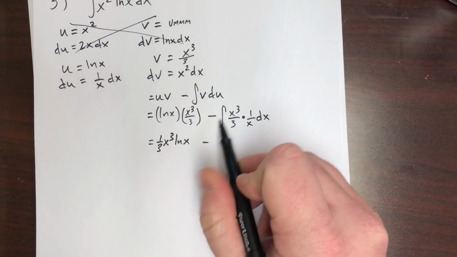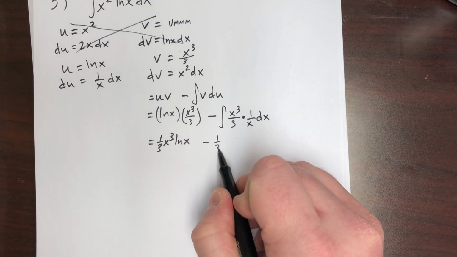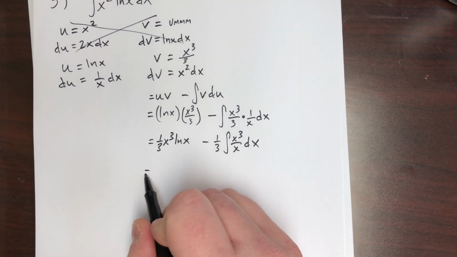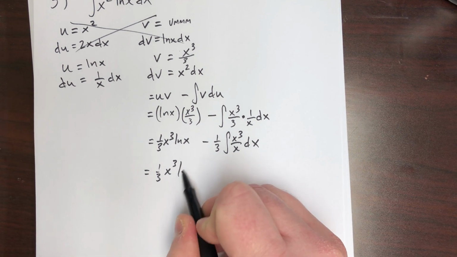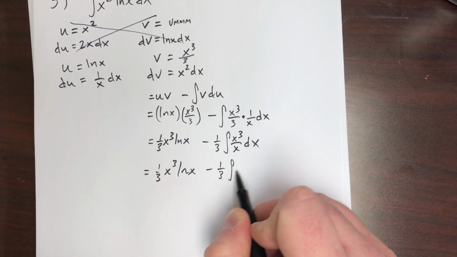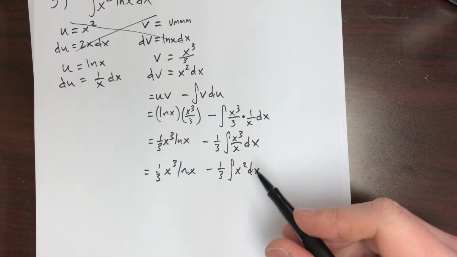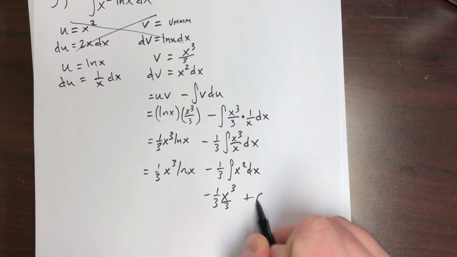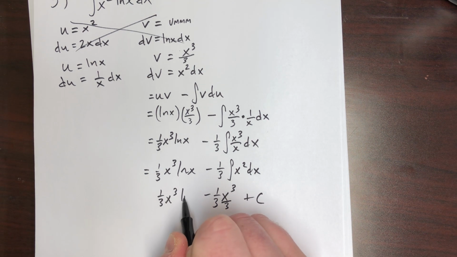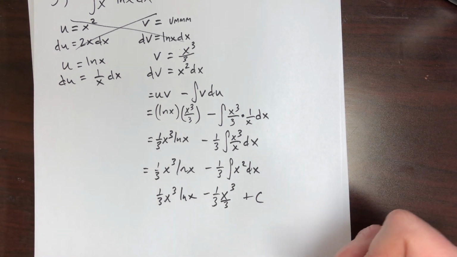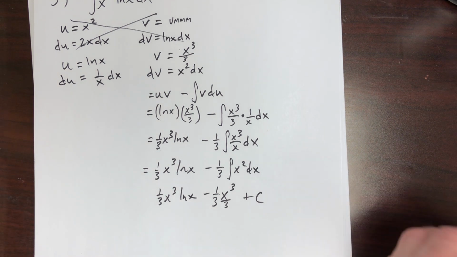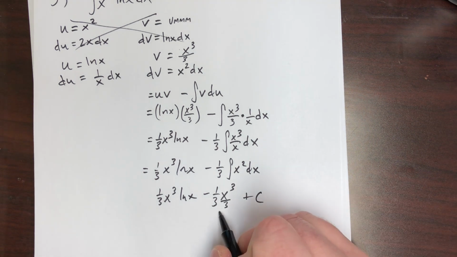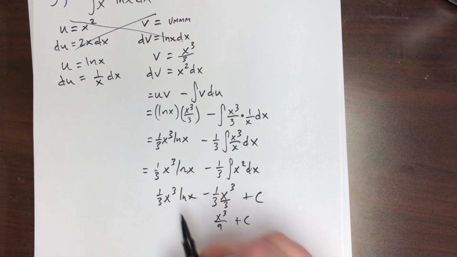Over here, I can pull the 1/3 out as well. Wait, this is x cubed over x. x cubed over x will cancel, right? I didn't want to do that all in one step. Hold the phone. That integral's super easy. So I could rewrite the 1/3 times x cubed over 3 as x cubed over 9 plus c.